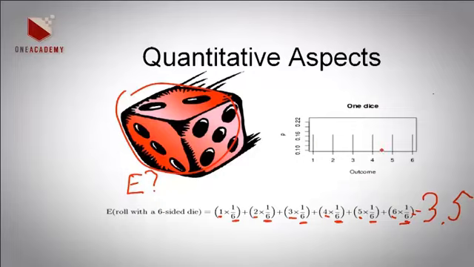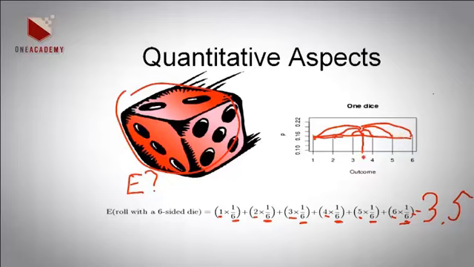You see, all the probabilities are equal, and since they are even in number, 3.5 is equally distant from 3 and 4, and at the same time from 2 and 5, and at the same time from 1 and 6.